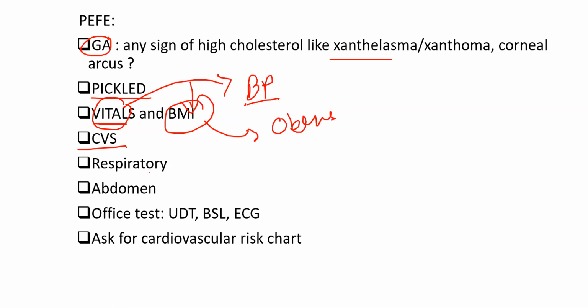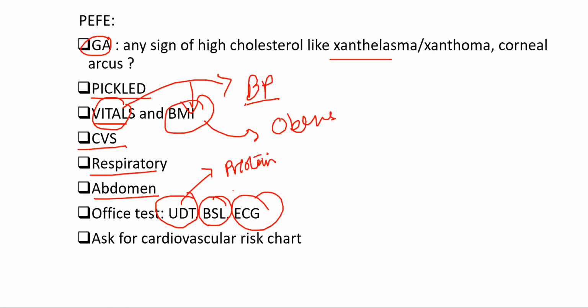You will do a complete cardiovascular system, respiratory system, and quickly abdominal examination. Your office test will be urine dipstick, BSL, and ECG. In the urine dipstick, you are mainly looking for if there is any protein in the urine, blood sugar for diabetes, and you will obviously do an ECG as part of a cardiac health checkup.